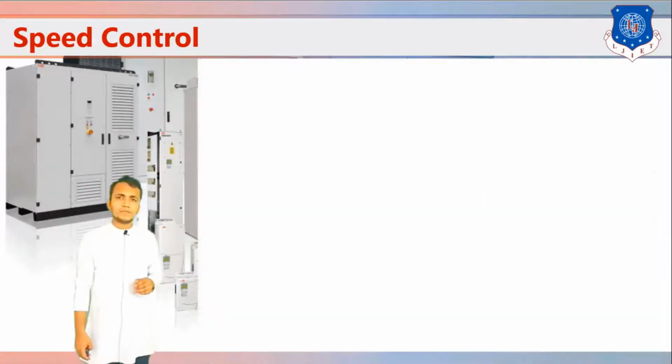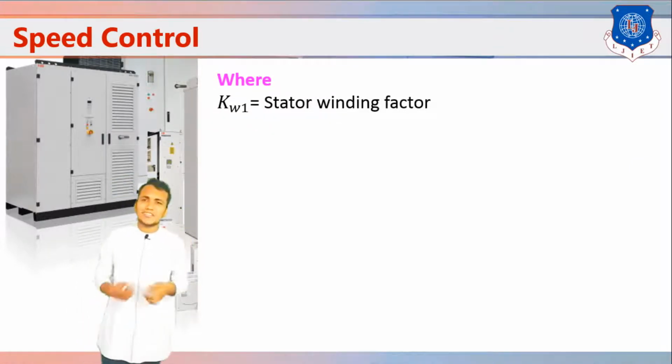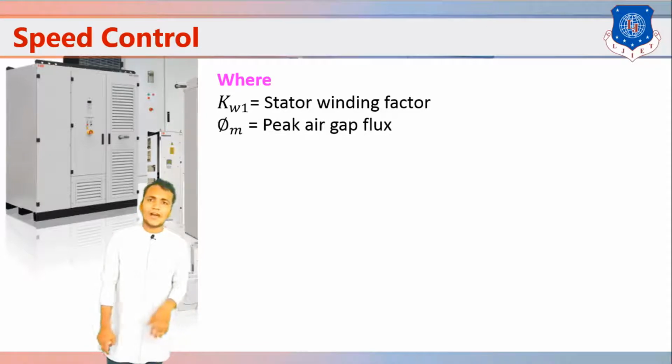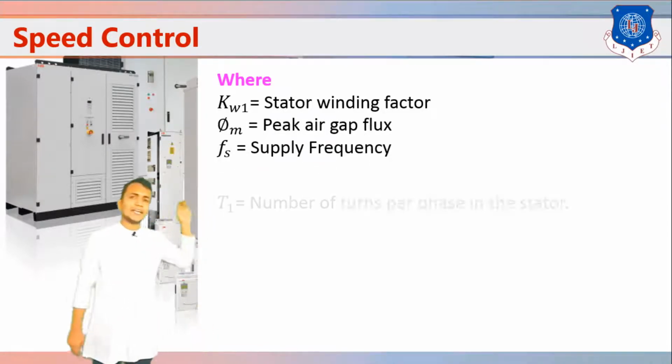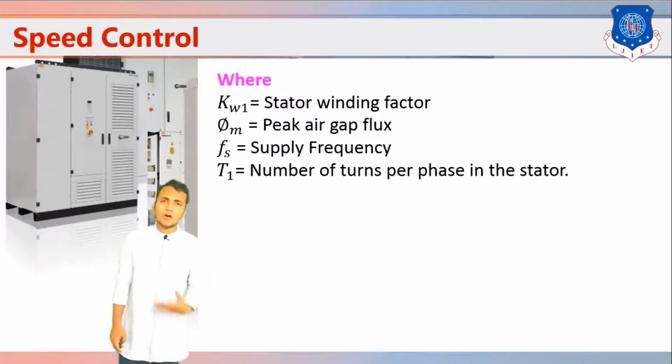Here kW1 is called the stator winding factor, phi m is the peak air gap flux, Fs is the supply frequency, and T1 is the number of turns per phase in the stator.